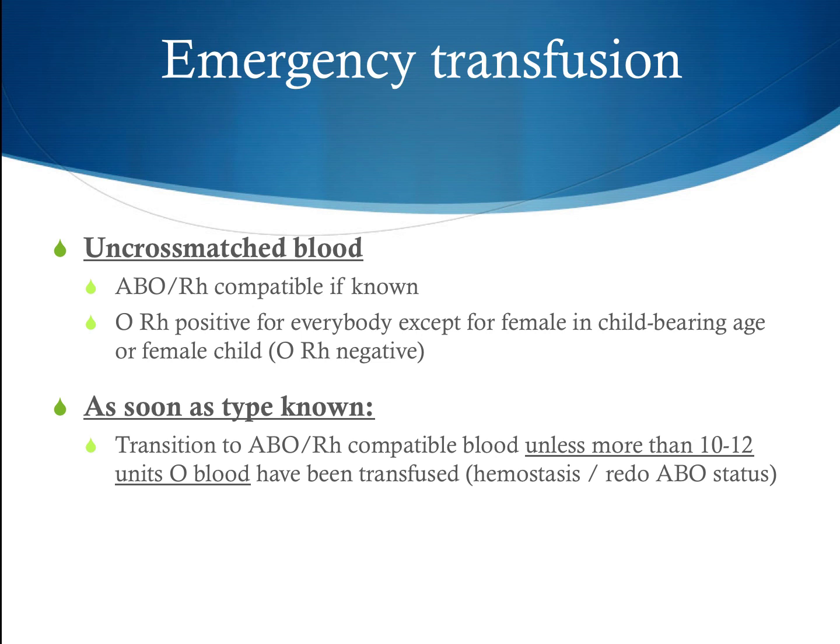Because here we do not know if they have antigen D, so we should keep it negative and not sensitize them by exposing them to that. As soon as you know, transition to your ABO rhesus compatible blood type, unless you've already given more than 10 to 12 O based units, because at that point you have to retest and recheck when the blood loss situation is controlled.